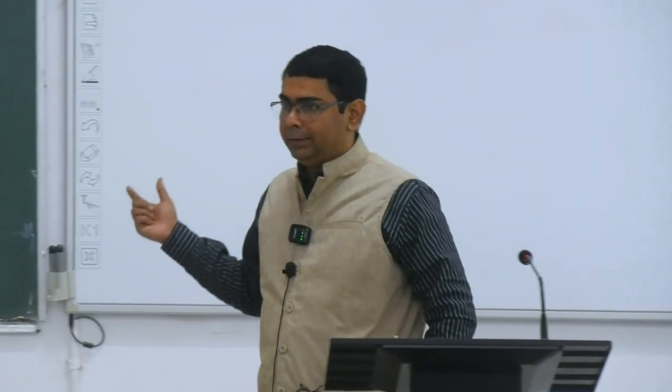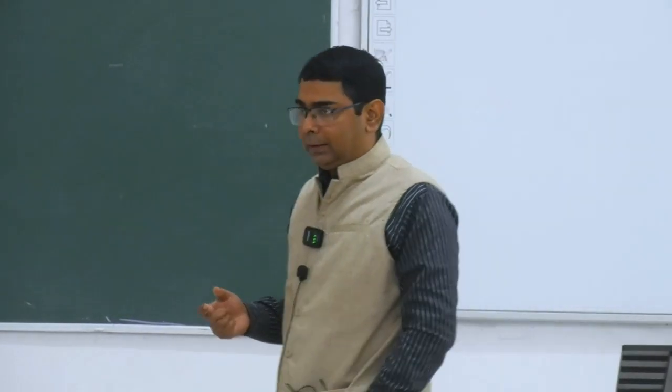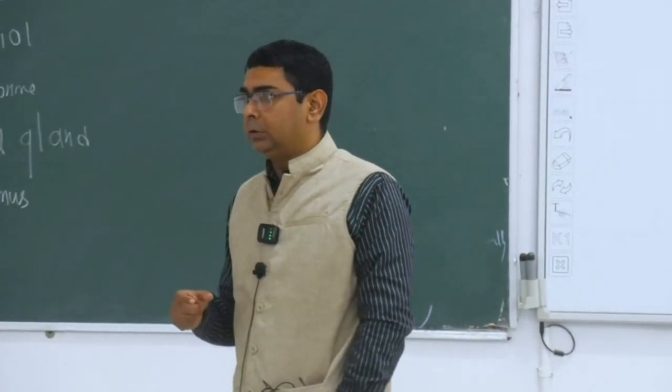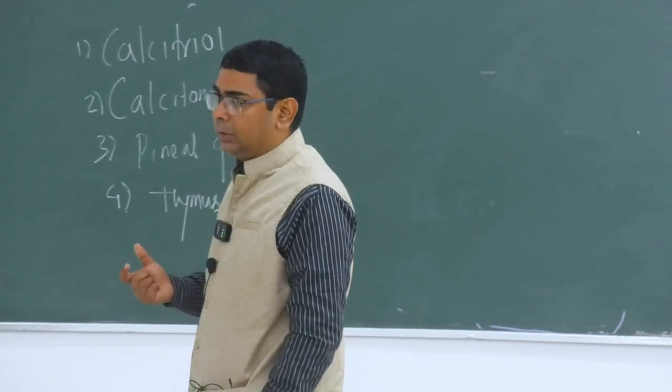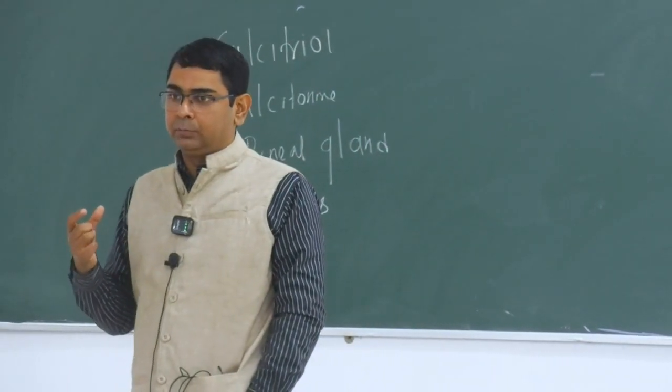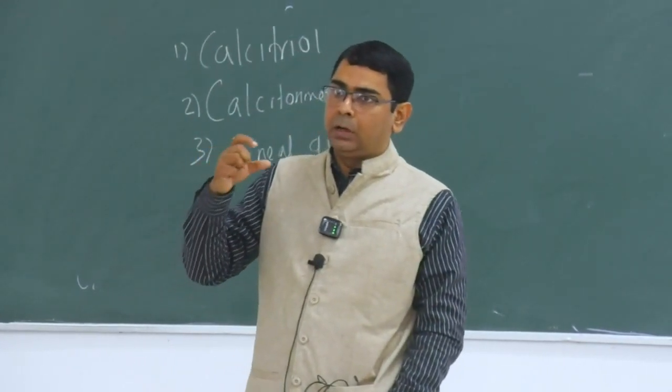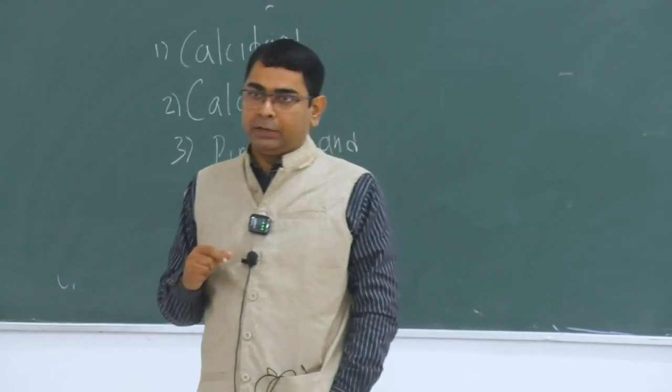Now it is tagged as a hormone. It's a hormone that is produced in our skin due to the action of direct UV light. It is from our sunlight exposure.